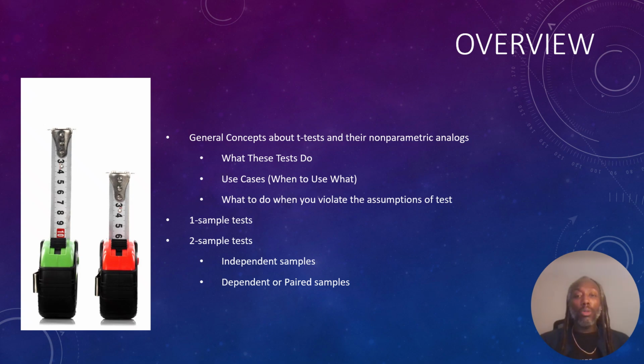And what do you do when you can't use a particular test, like the t-test, where the assumptions that the t-test needs in order to be valid aren't met by your data? We'll cover general concepts in this video. We'll cover comparing one sample of data to a population in another video. And then the last set of videos will be looking at when we have two samples of data and we want to compare those samples to one another.